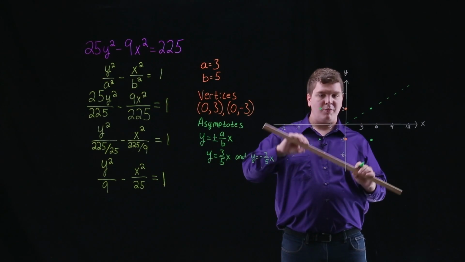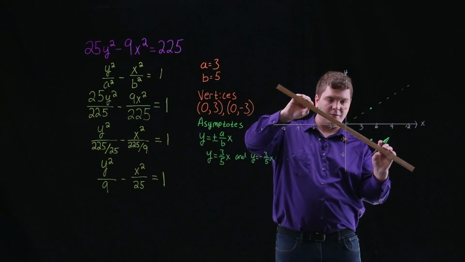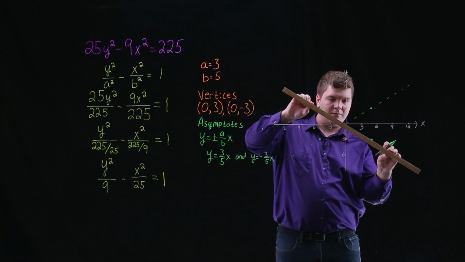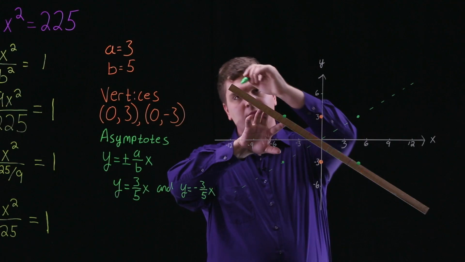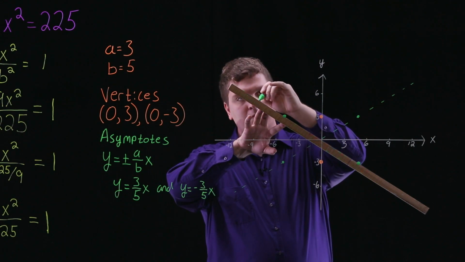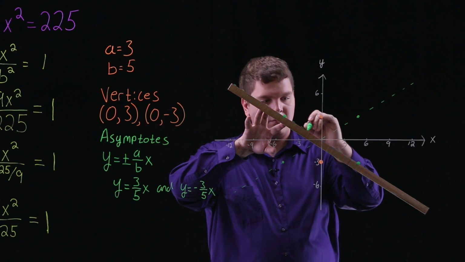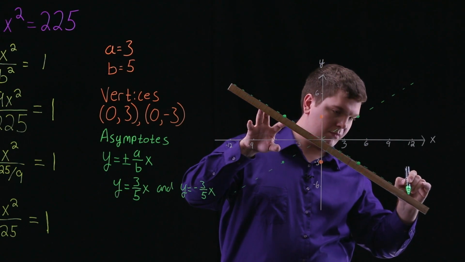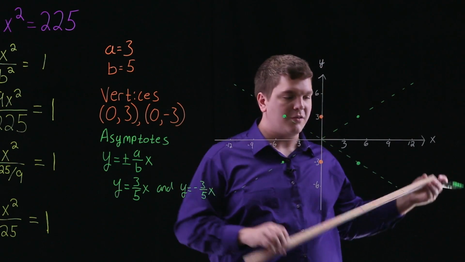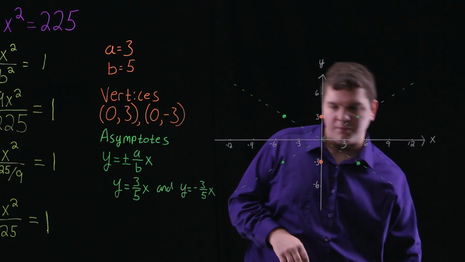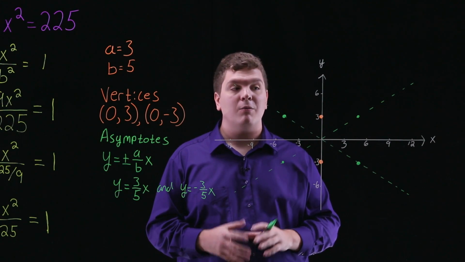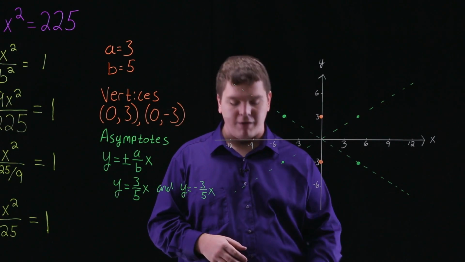Now we can connect these 2 points, making sure we go through the origin. So now we have our 2 asymptotes, and we have our 2 vertices. Now we can sketch the graph of our hyperbola.